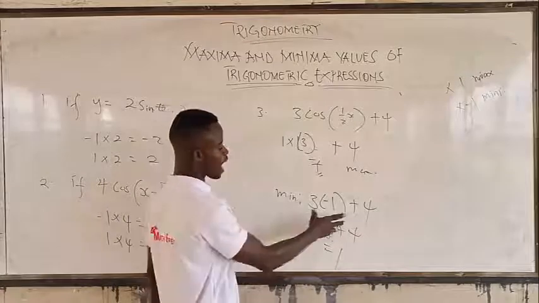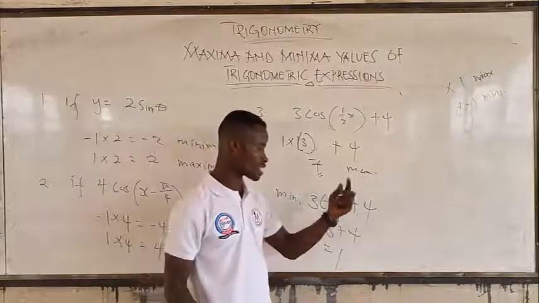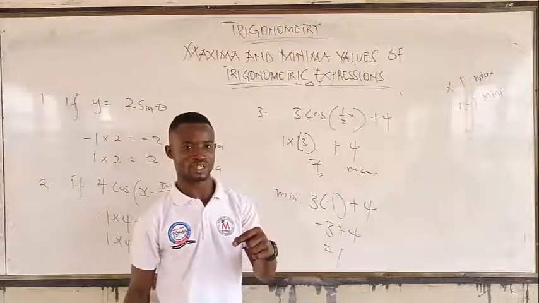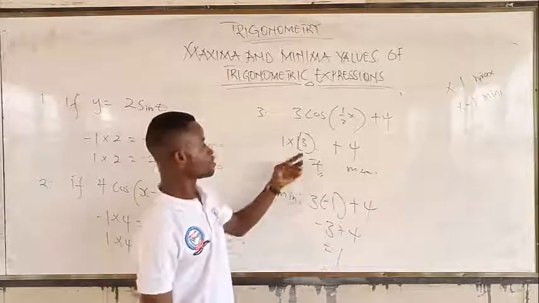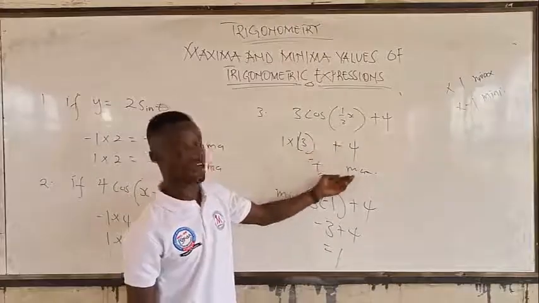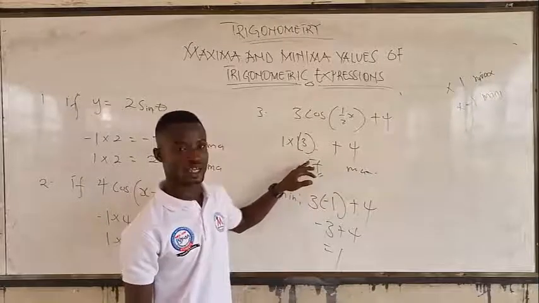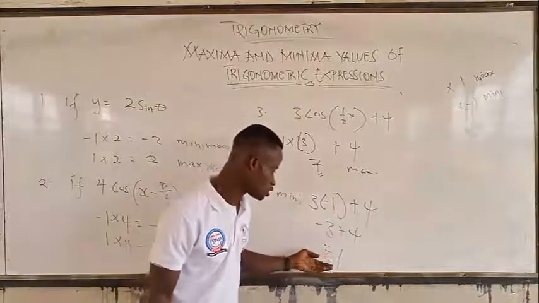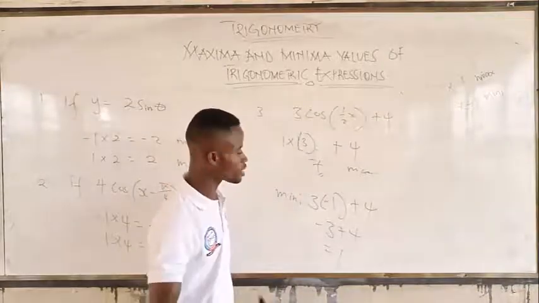But if you add before you subtract, if you add 3 to 4, you get 7. When you multiply by -1, you get -7. You see, it's not the same. Even though for the maximum it's not affected, it's still 7, that concept may bring you a wrong minimum also. So always do the right thing.